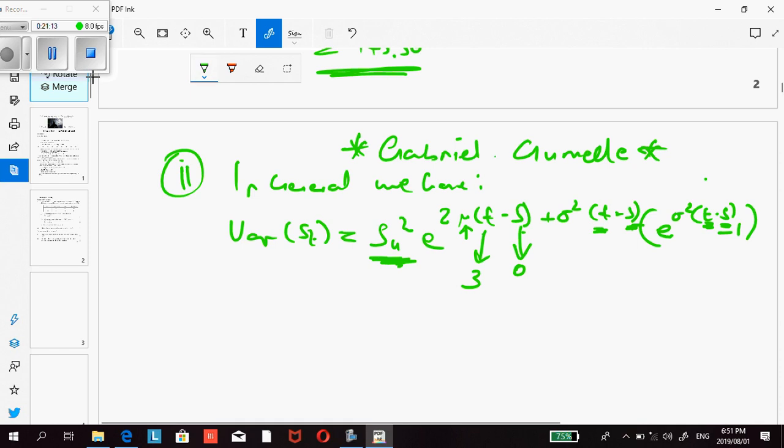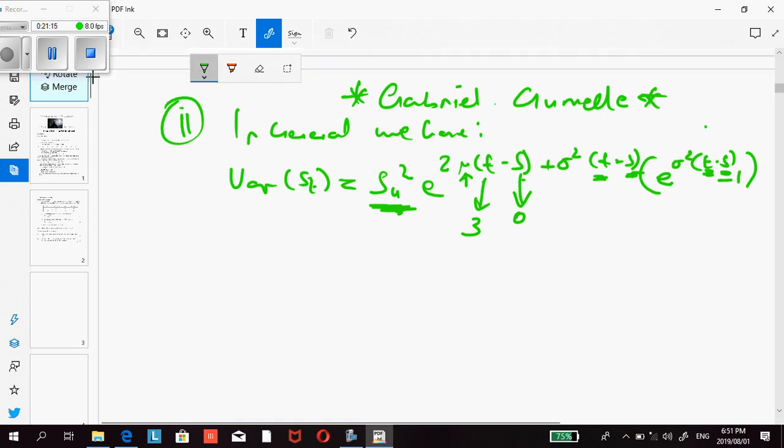So applying this to stock A, what am I going to have? I'm going to have the variance of stock A at time 3 being equal to the initial share price, which is 100, but don't forget to square that.